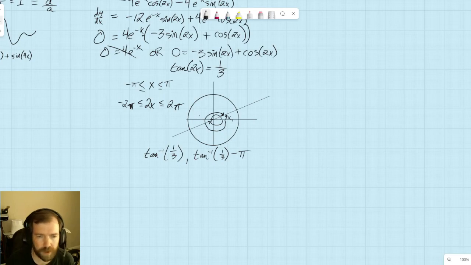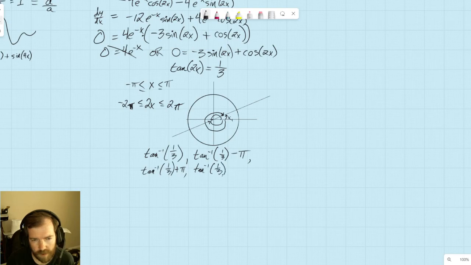Actually, plus or minus pi, because we've got both of them. The other two are inverse tangent of 1/3 plus pi, and inverse tangent of 1/3 minus 2 pi.